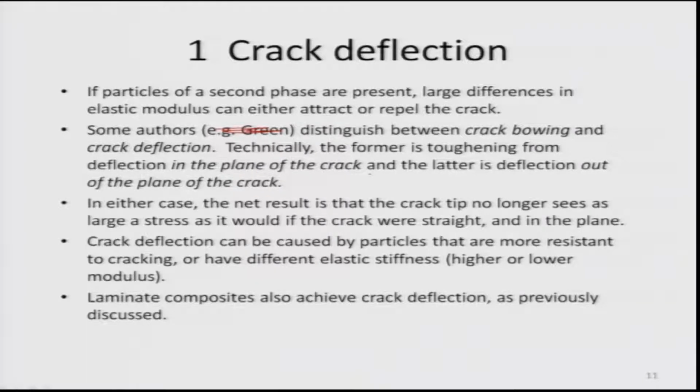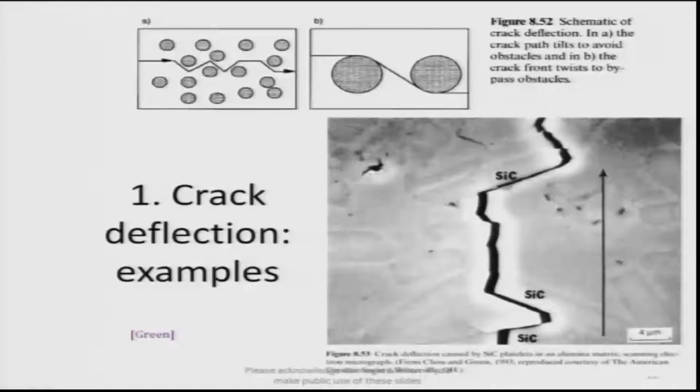That is why laminates and other things are made. If you have seen that we use laminates on doors and panels, the basic idea is to create a tougher material. This crack deflection example is taken from the American Ceramic Society, Shaw and Green 1993 paper on silicon carbide based materials. You can see that there are particles like these inside, and the crack goes through a treacherous path.